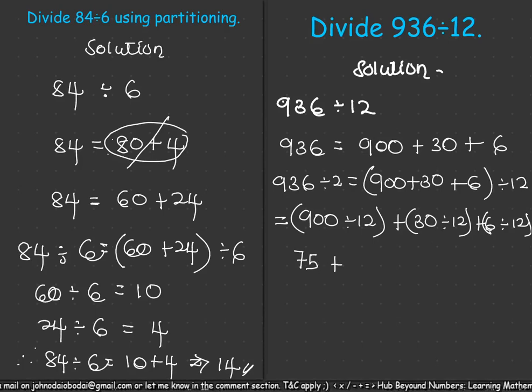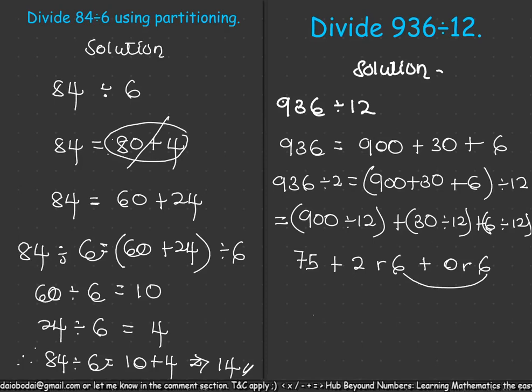Plus 30 divided by 12. We are going to get a 2, and then there will be a remainder of 6. Plus 6 divided by 12 would give us a 0, and then there will be a remainder of 6. Look at these two remainders.